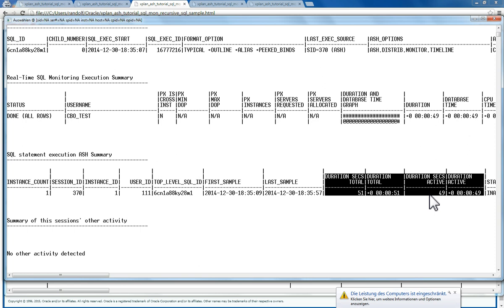It could also be related to network activities, so that you might have some network issues or high latencies for whatever reason, like wide area network connectivity, where you also have significant time spent outside the database. So that is one obvious explanation why the total and the active figures could be quite different.